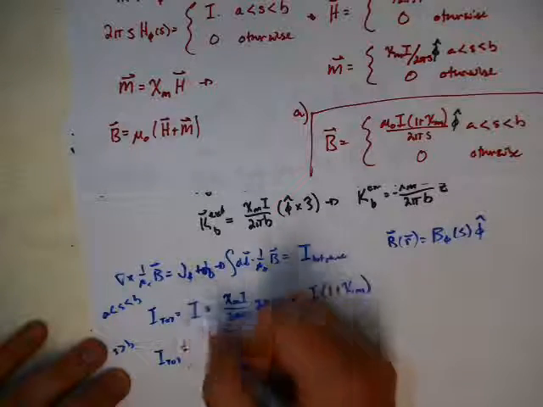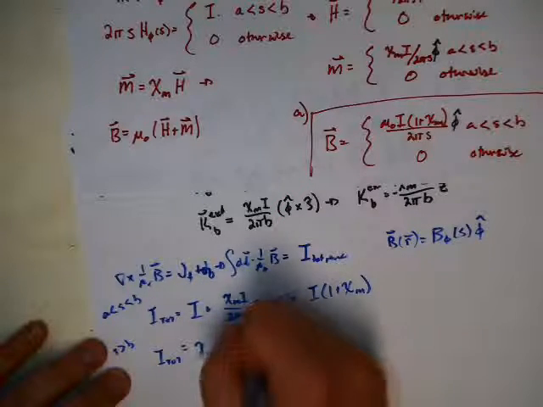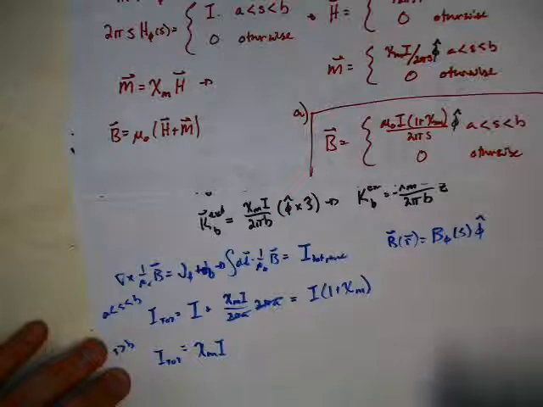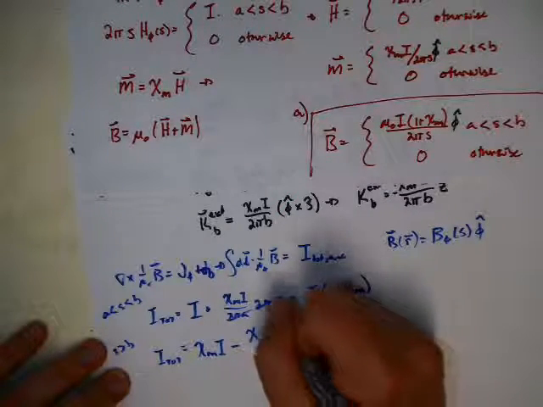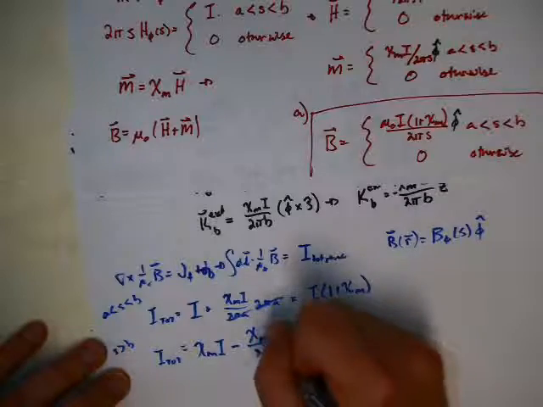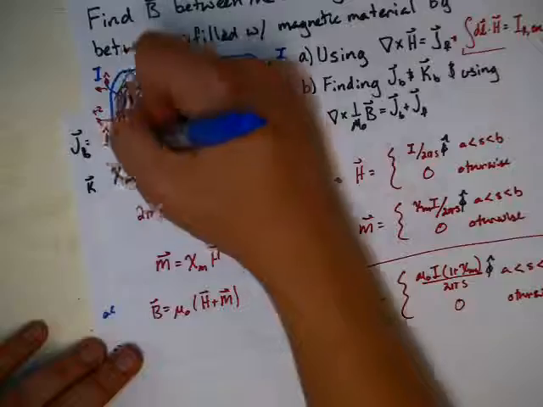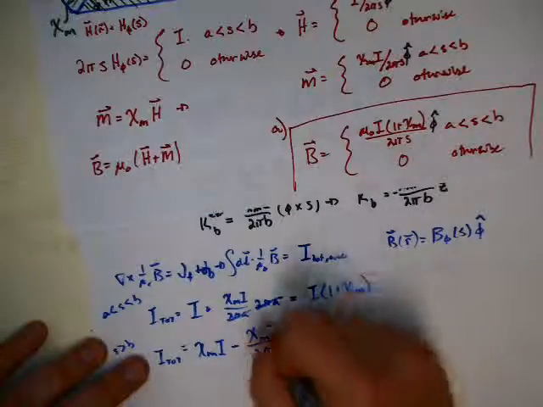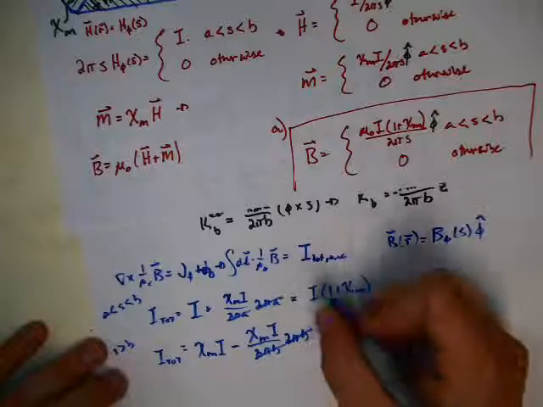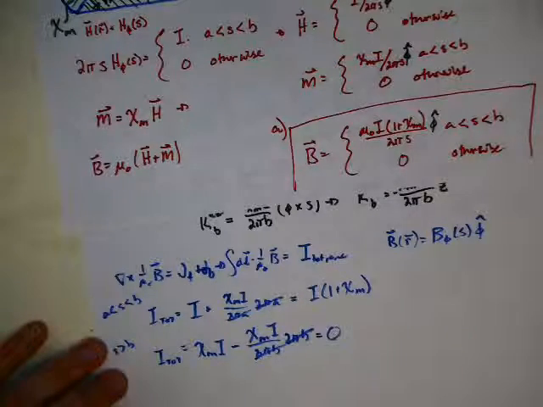We're going to have this chi_m I term, that's the positive going out, and we're going to have minus the chi_m I over 2 pi b times the circumference on the exterior. But the circumference on the exterior, of course, is simply 2 pi b. And so that is also going to give 0.